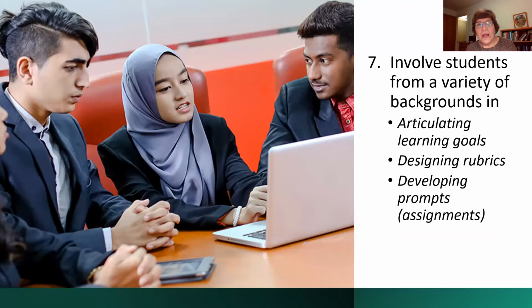Not every class is able to do all of these right from the get-go, but they can certainly, like I told you, well, first thing I did, first day of class for first year writing, was have them brainstorm what are the traits of good writing. That's the kind of thing everybody can get involved in. But one of the keys is make sure that all the voices in your class are heard and not just the majority.